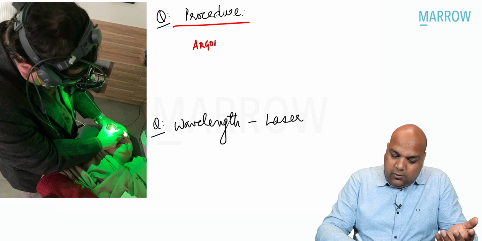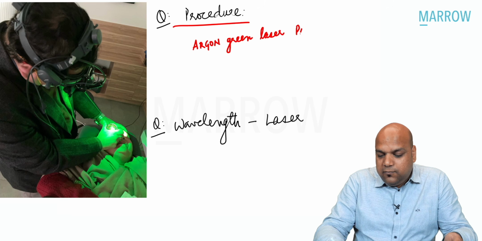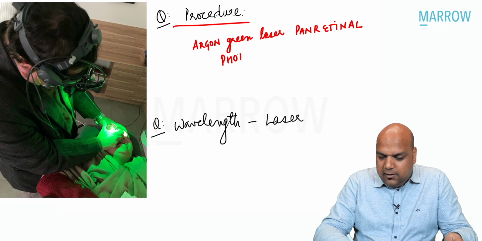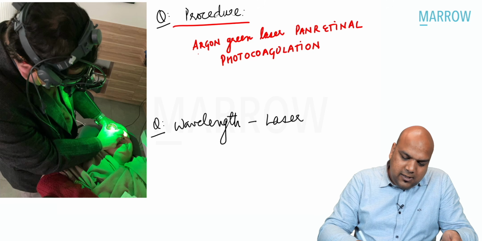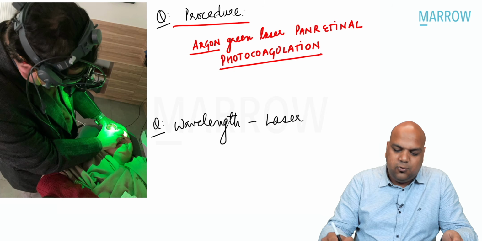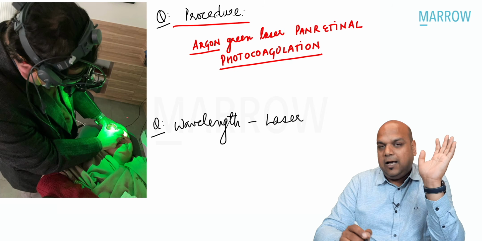You have taught us there is something called argon green laser, and this laser is used to perform pan-retinal photocoagulation. Whether you say pan-retinal or not cannot be defined by the image; it depends on the question asked. But at least you know the procedure is argon laser photocoagulation, just because of the clue that you can see green light.